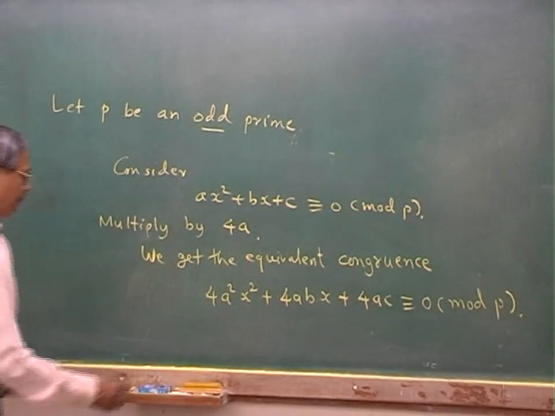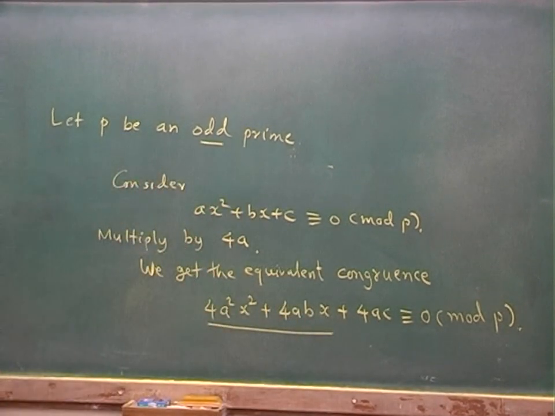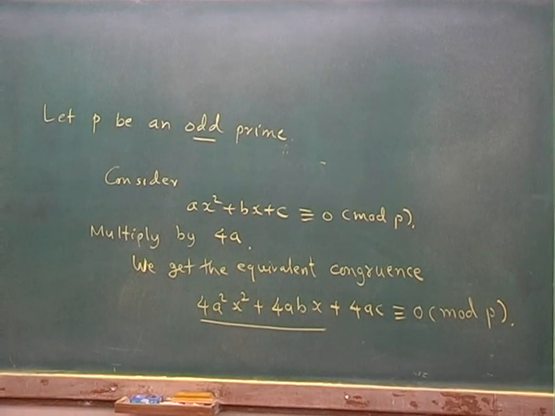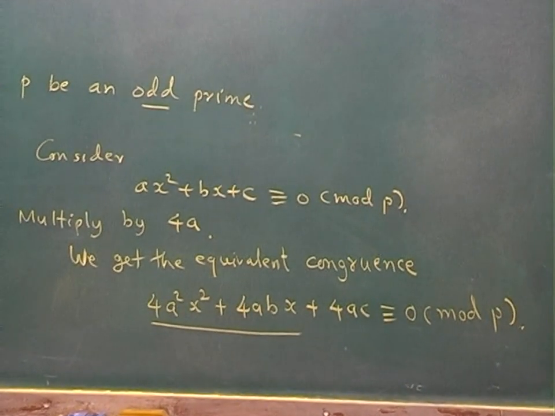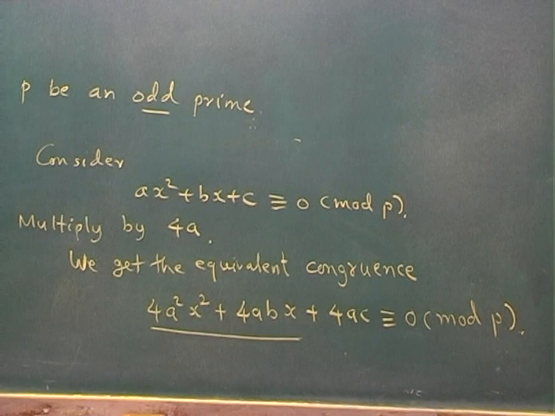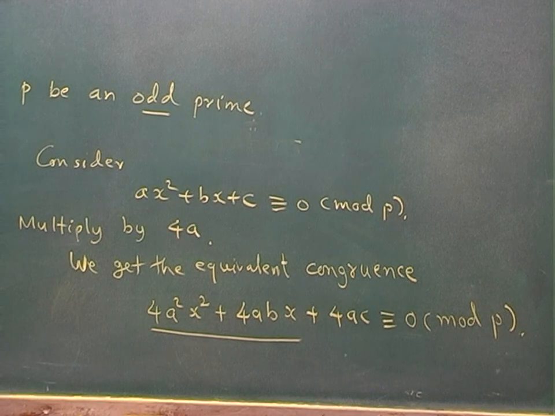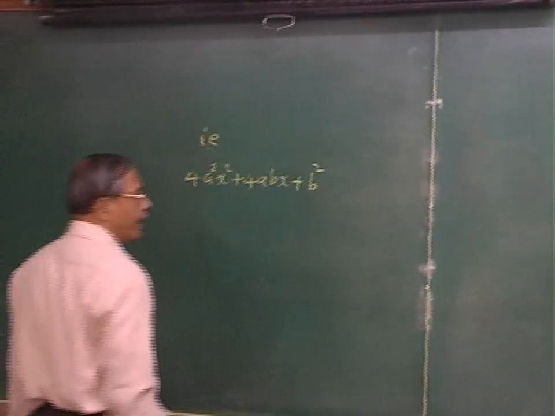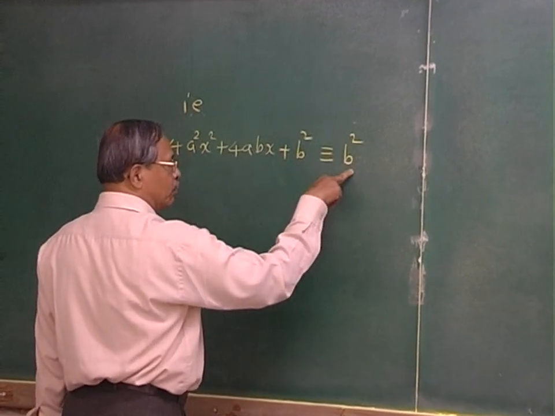Now, completing the square. The Indian mathematician had used this method of completing the square for solving quadratic equations. So that is equivalent to 4a square x square plus 4abx plus b square congruent to b square minus 4ac mod p, where I am adding b square to both sides.